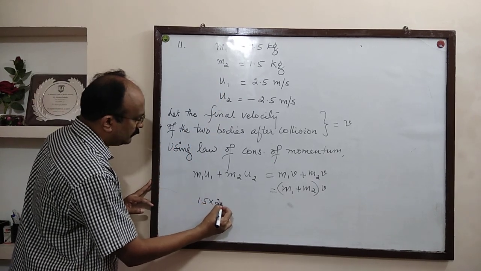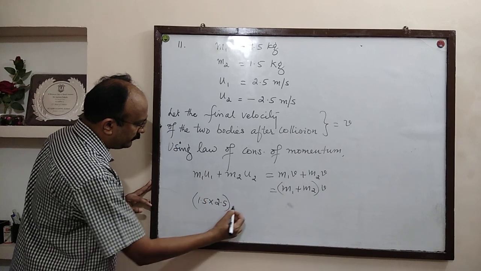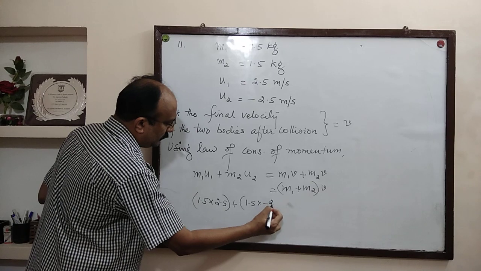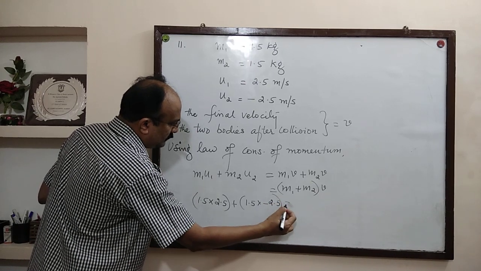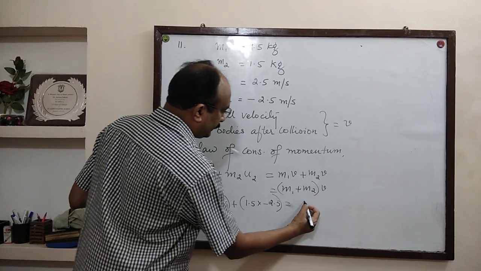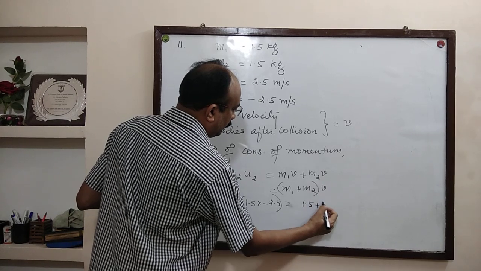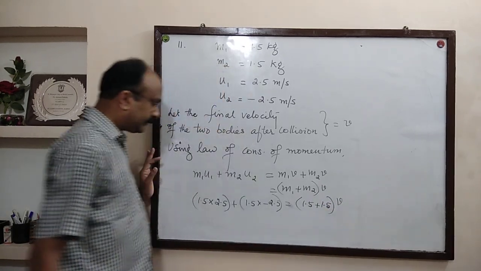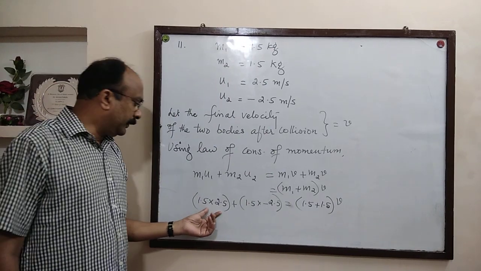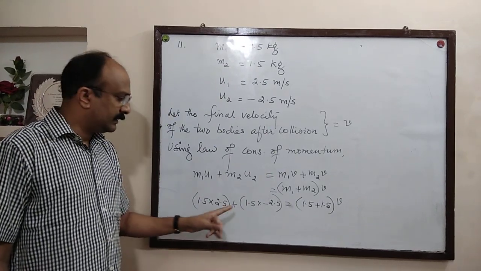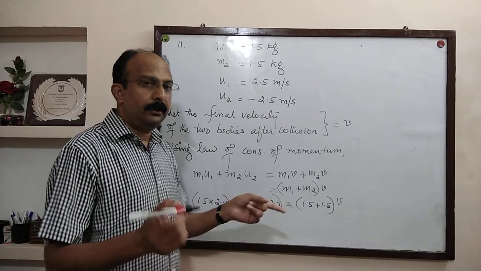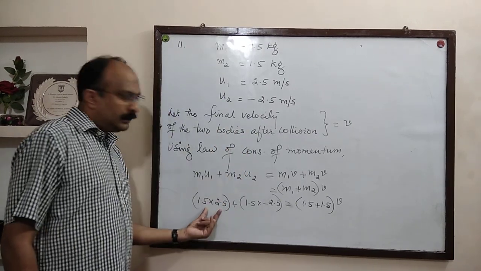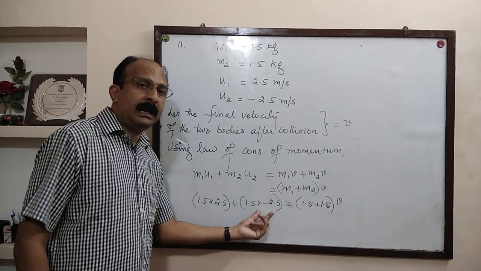1.5 into 2.5 plus 1.5 into minus 2.5 is equal to 1.5 plus 1.5 into V. We know that 1.5 into 2.5 plus 1.5 into minus 2.5 will be 0, because the numerical value of this and this are same.